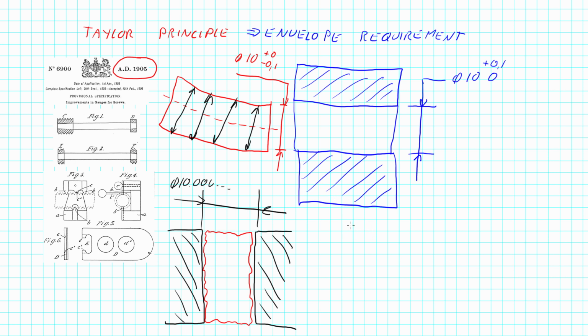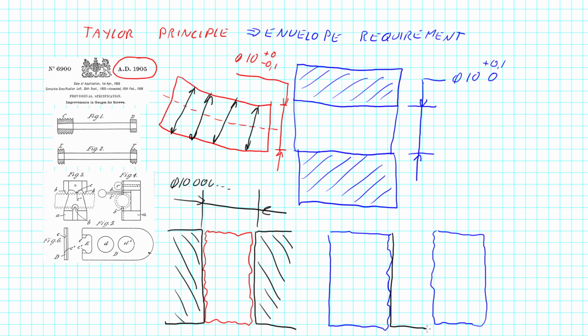And the same way, if we have the part with the hole in it, we have to be able to fit a perfect cylinder inside that hole, and where for the shaft we took the upper limit, for a hole it's the lower limit we take.